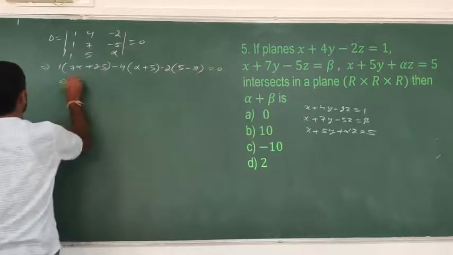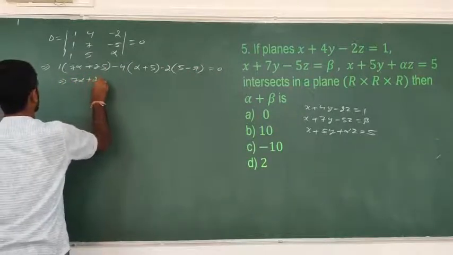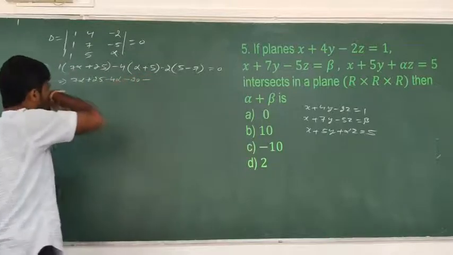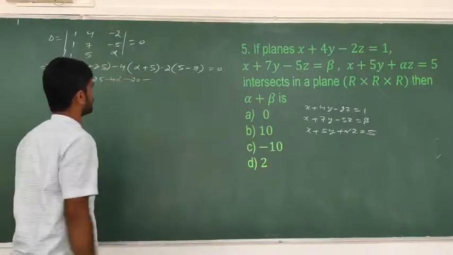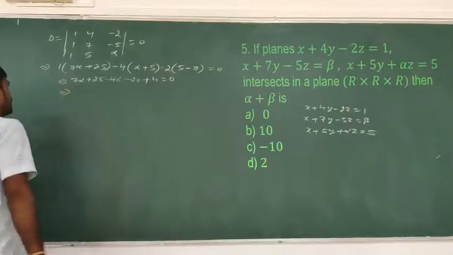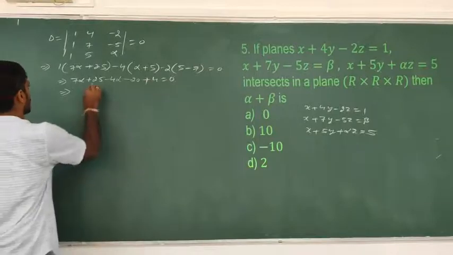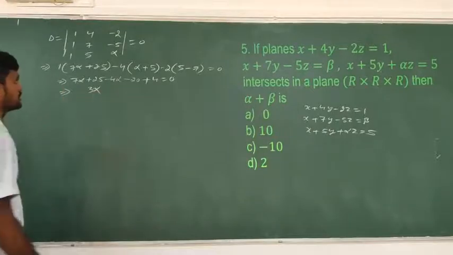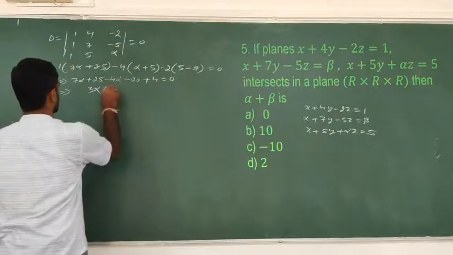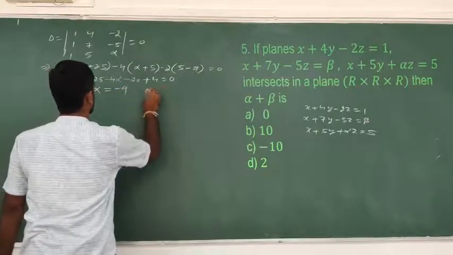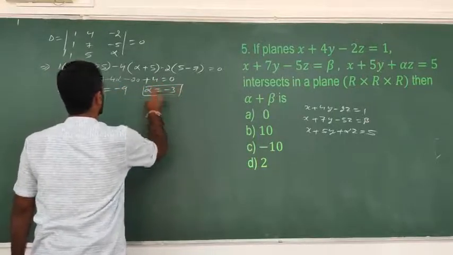So this implies that 7 alpha plus 25 minus 4 alpha minus 20, minus 2 into minus 2, minus into minus plus, 2 2s are 4, is equal to 0. This implies that 7 alpha minus 4 alpha is 3 alpha, 25 minus 20 is 5, 5 plus 4 is 9, so plus 9 is equal to 0. Transfer to the right hand side, it becomes minus 9, then alpha is equal to minus 3. This is the value of alpha.